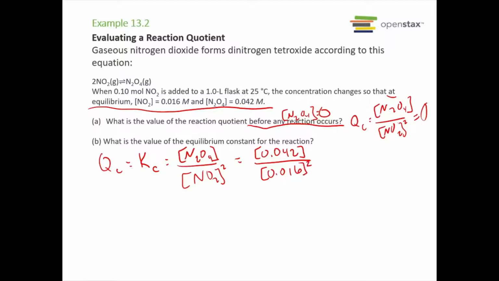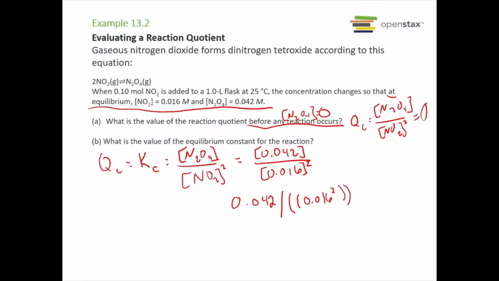Make sure on your calculators that you're watching your parentheses. That's generally what leads to errors in student calculations on these types of problems. If you were to punch this into your calculator, you could do 0.042 divided by, open parentheses, open another parentheses, 0.016 squared.